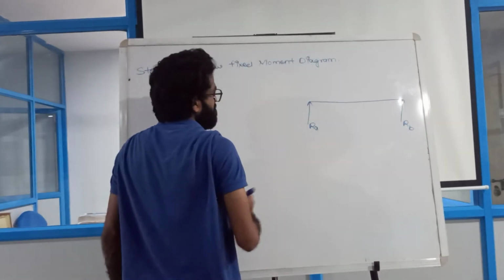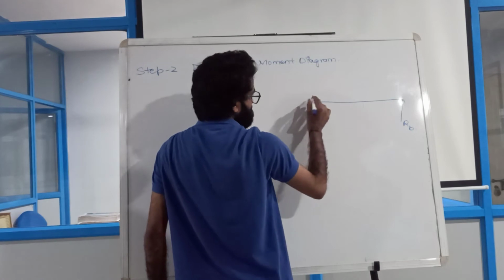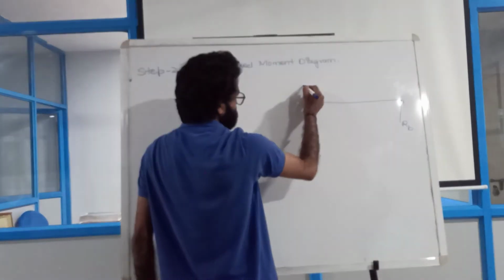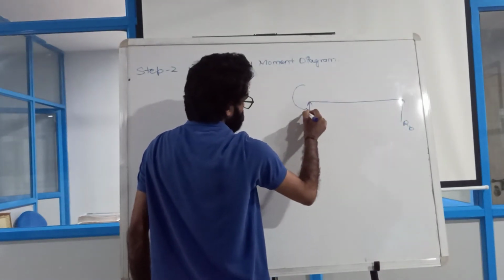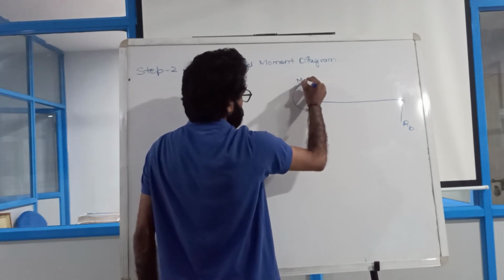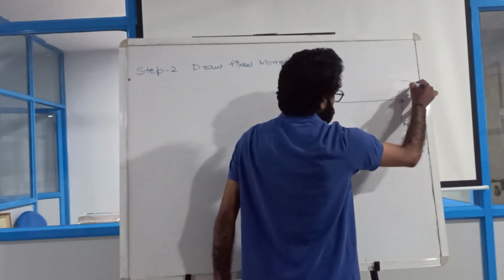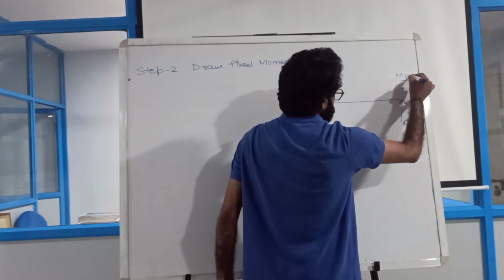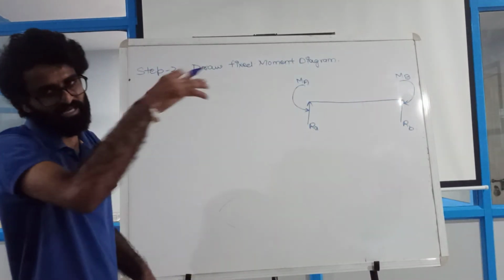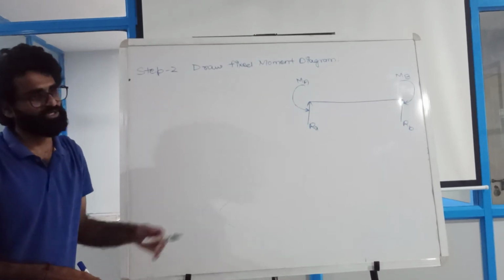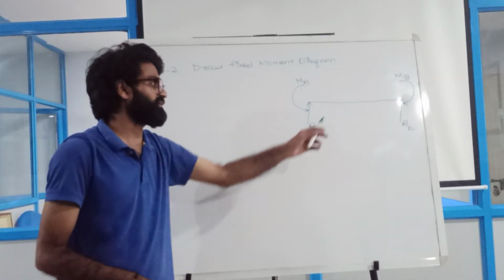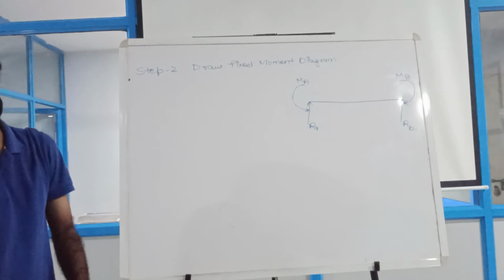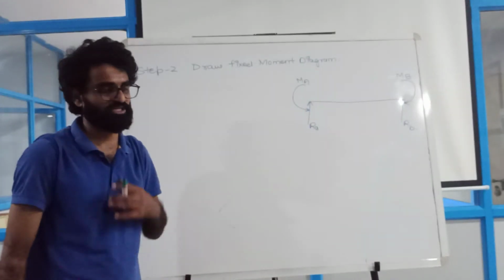If the beam is fixed at both ends, then definitely moments are going to develop. Here it is MA, and here it is MB. And I already told you in the start that if moments are anticlockwise, the sign is negative, and if the moments are clockwise, the sign is positive.